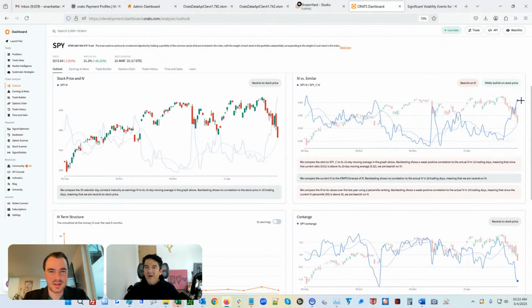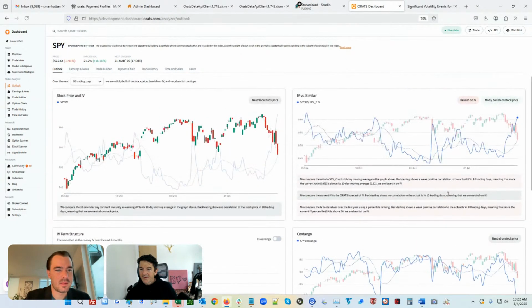Yeah, well, the IV is very high. We're looking at a 10-day forecast here. If you scroll all the way up, there's that over the next 10 trading days at the top left. It's kind of looking at a 10 trading day forecast.